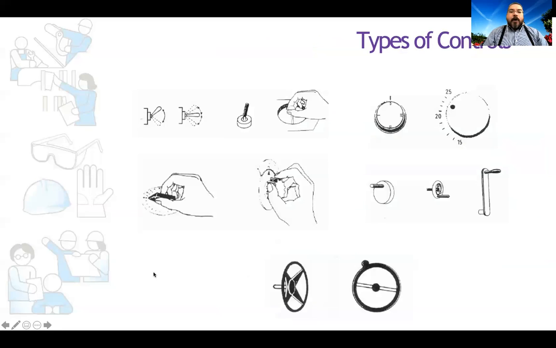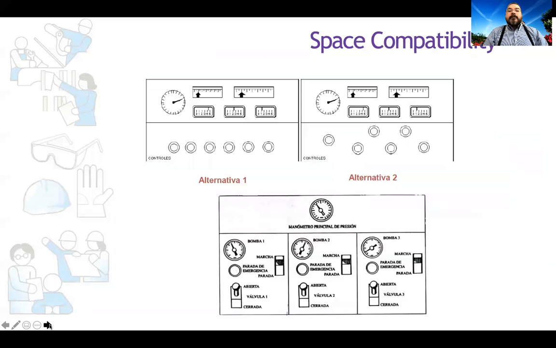Here are some types of controls, and some of them give you more or less control. There are some aspects to be considered, such as space compatibility, that the screen and the control are distributed in a way that you understand which control moves each screen.